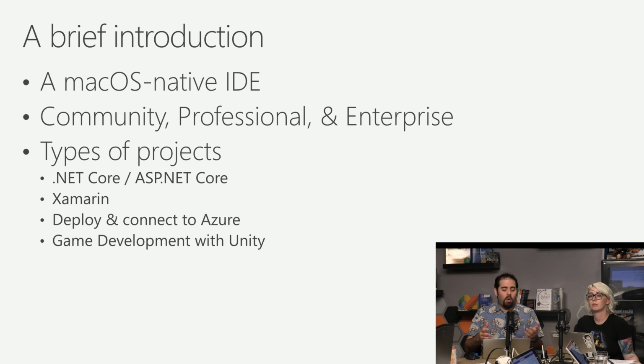You can connect to Azure and work with Azure Functions. And something that I'm pretty excited about myself, and I really enjoy it: Visual Studio for Mac is now the home of Unity on the Mac, and you can develop your Unity apps, Unity games, not just games but apps too, using Visual Studio for Mac.